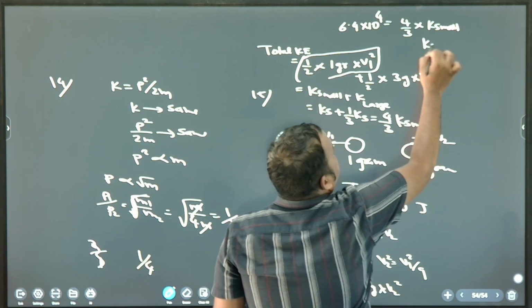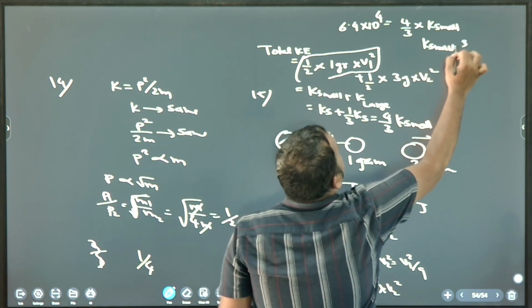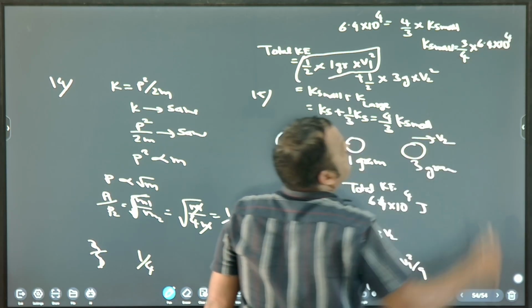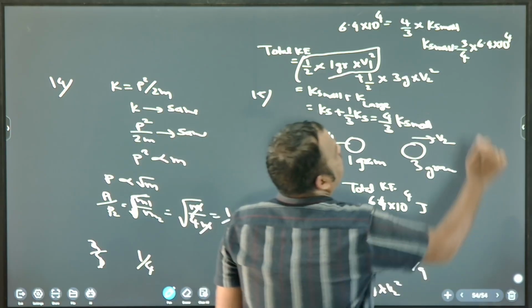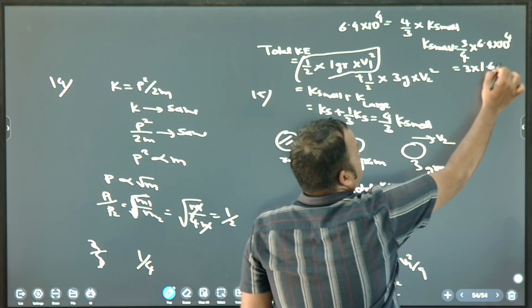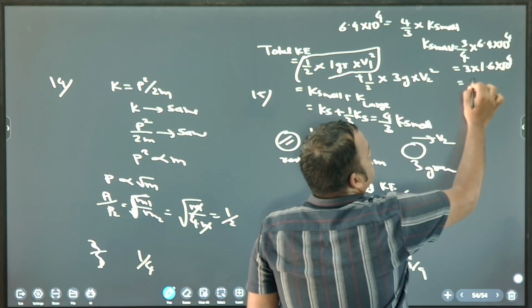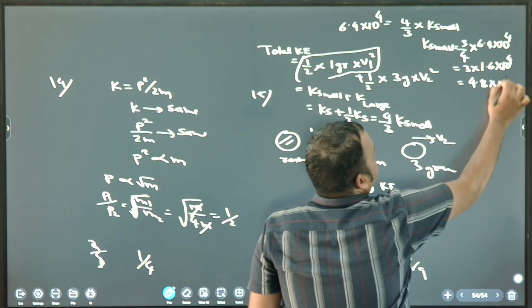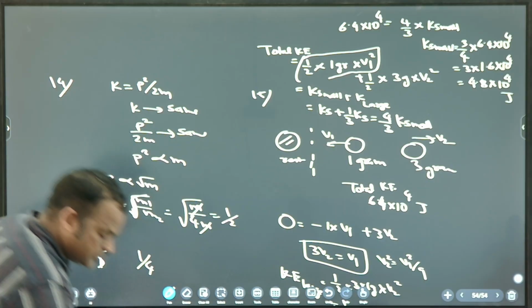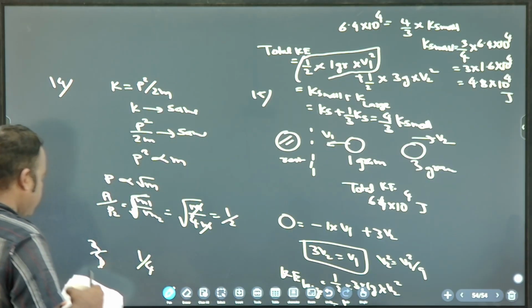So what is kinetic energy of small? 3 by 4 into 6.4 into 10 power 4. 6.4 by 4 how much? 1.6. So this is 4.8 into 10 power 4 joule. Okay, note down. 4.8 into 10 power 4.